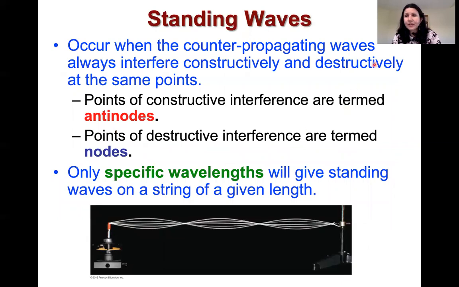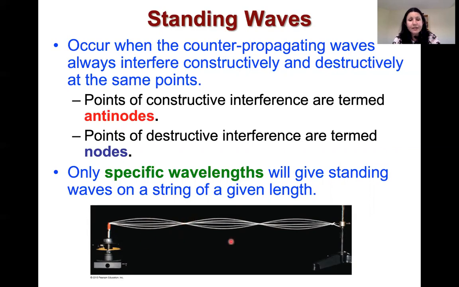So again, to summarize before we go into a more mathematical description of standing waves: when do they occur? All you need is one source, but you need this counter-propagating wave, so waves moving right and left that interfere either destructively or constructively at some point. You can see here at this point and this point, that's destructive interference, and the same at the ends because there's no amplitude there.